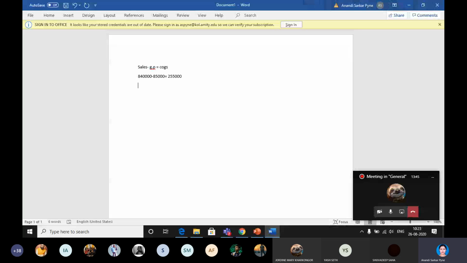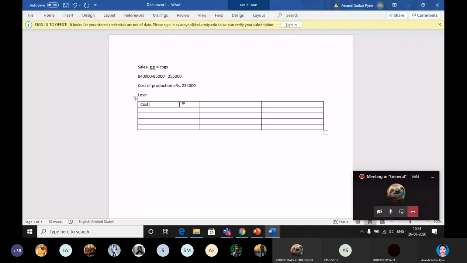Right. Now from that you need to deduct the raw materials consumed. So if cost of production is 2,34,000, from 2,34,000 you need to deduct raw materials consumed.